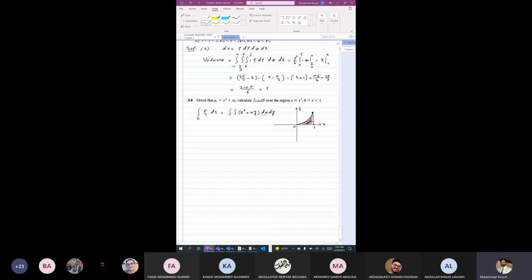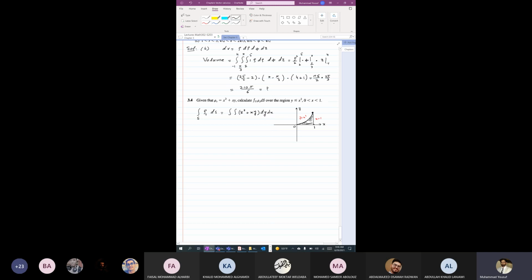Then look at what x is equal to on the left hand side and on the right hand side. On the left hand side, x is equal to the square root of y. This line is x equal to 1 and this line is y equal to x squared. So this choice dx dy is not good because we need to deal with the square root.